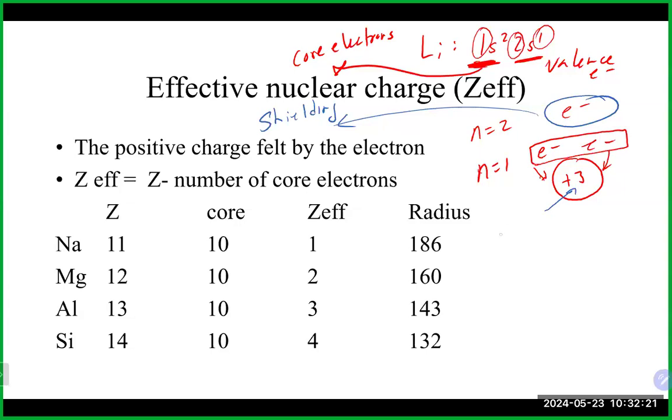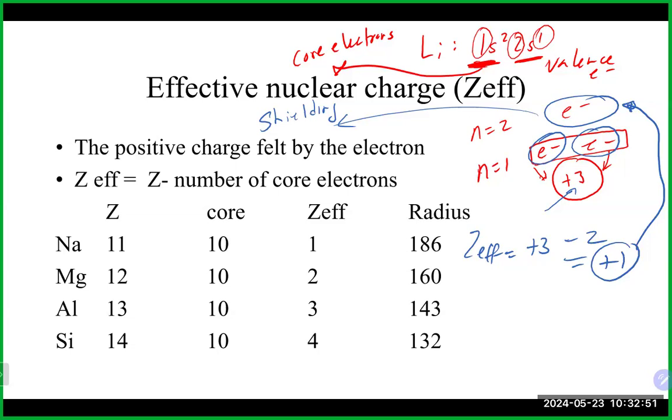You calculate Z effective by taking the positive charge of the nucleus, or protons, minus the number of electrons that are shielding, which is 2 in this case. Effectively, what that outside electron is feeling in terms of a positive charge or attraction to the nucleus is more like a +1 attraction, which is not as strong, obviously, as a +3 attraction, which means it's not going to be held as tightly.